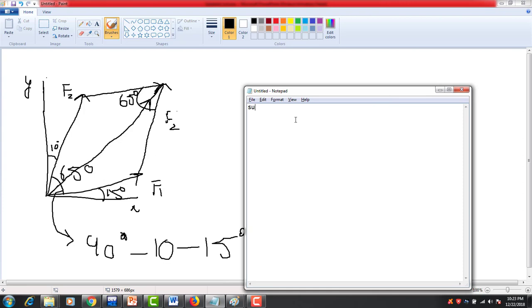We know that the sum of all the angles in the parallelogram is equal to 360 degree. So the angle of this we can find by this calculation: 360 minus 65 degree and this 65 degree.